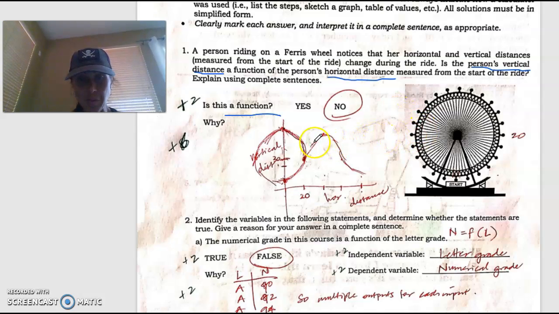Now, you'll notice even when I plotted this, I made the error of plotting against time, which is what some of you may have done. I like to visualize things. So when we started on the Ferris wheel, we're down here. After, let's suppose, we went a horizontal distance of 20, we also went a vertical distance of 20, which is right here.